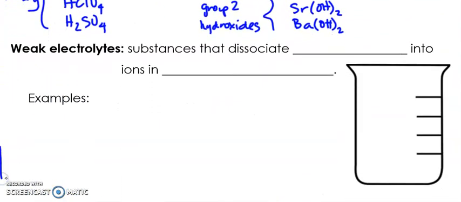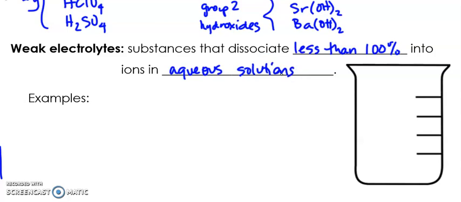All right, a weak electrolyte, on the other hand, these are just substances that dissociate just anything less than 100%. But they still have to be an aqueous solution. So examples are things like if I take a weak acid, like acetic acid. So HCH3COO.